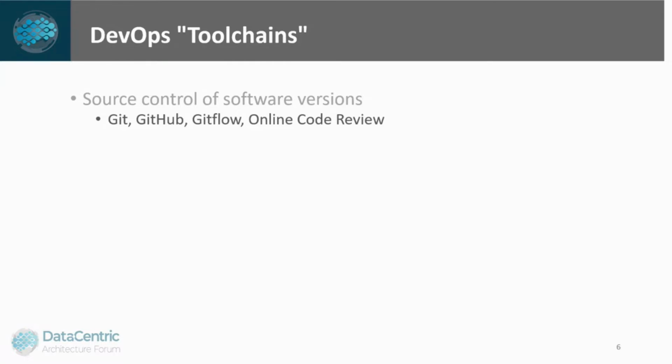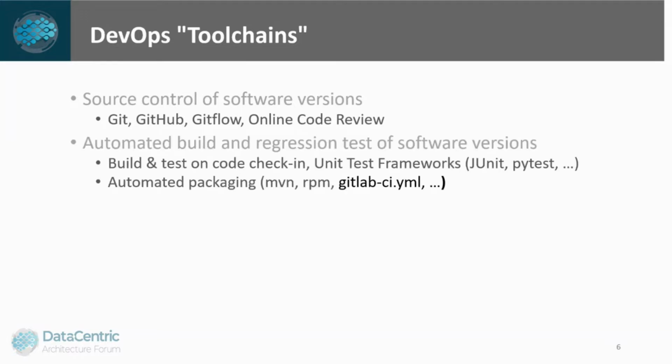These usually have online code review capabilities, so you can have peer review by other developers, and they can make comments and kick it back for more changes. That's the sort of thing GitHub does, and there are similar environments as well. GitLab is one I can think of.